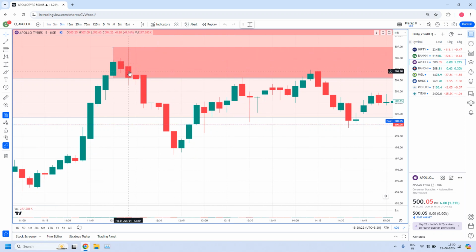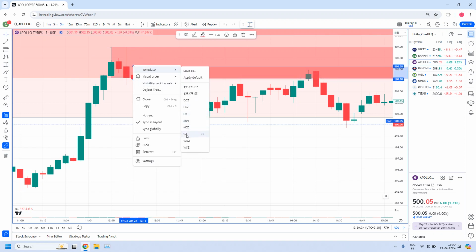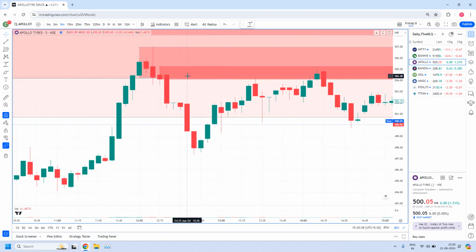So here you have a leg in, base, drop. You can draw a zone like this. You can take the entry once prices entered inside.